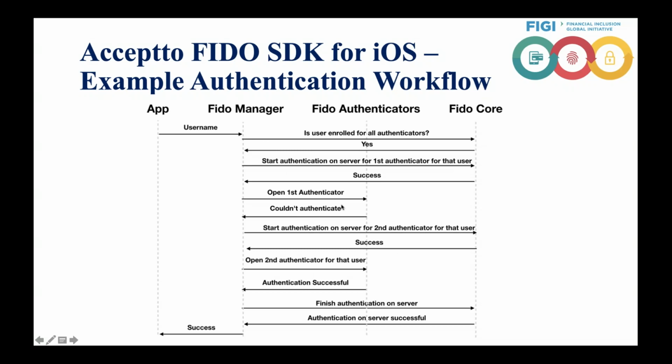This slide is just to show you that your app doesn't need to do a lot of things, because everything works within the SDK. Your app basically needs to know the username and what authenticator you are trying to use, and the SDK will do everything for you and return whether the user logged in successfully or not. Okay, so it's very easy to use for a developer.